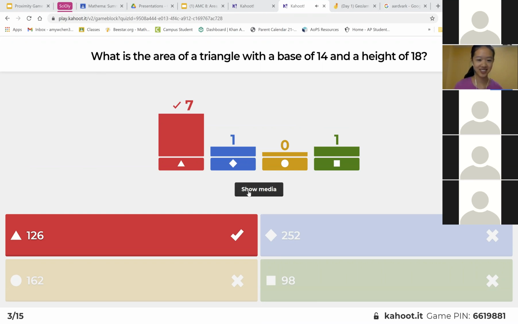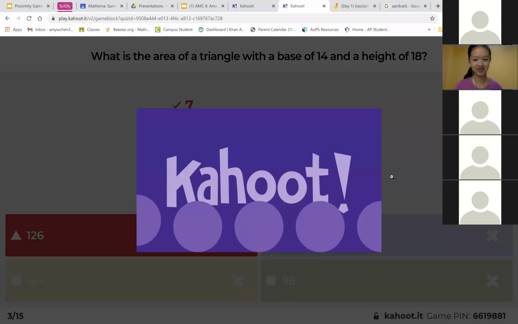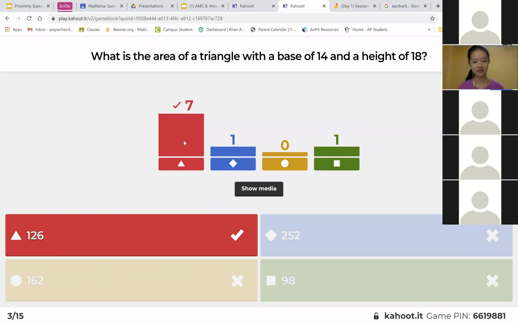Since we know that it's 1/2 times base times height, we'd already divide by 2. So I did 14 times 9. I already know that the ones place is gonna be a 6, so I just picked the answer that has a 6. Oh, that's smart. For some problems, that's a legitimate strategy. You can do that. There's nothing wrong with that. That's perfectly fine.